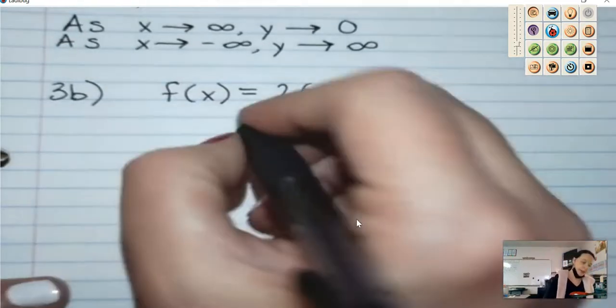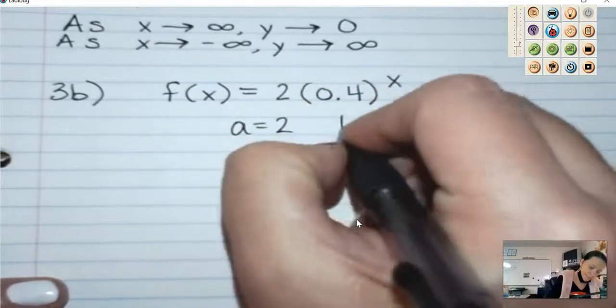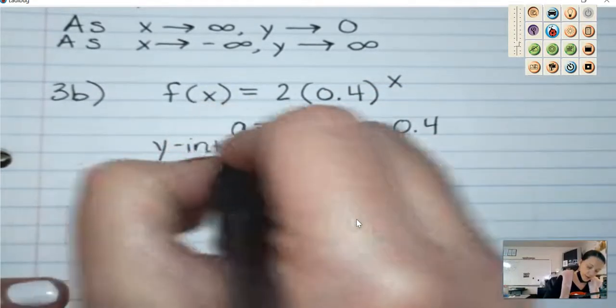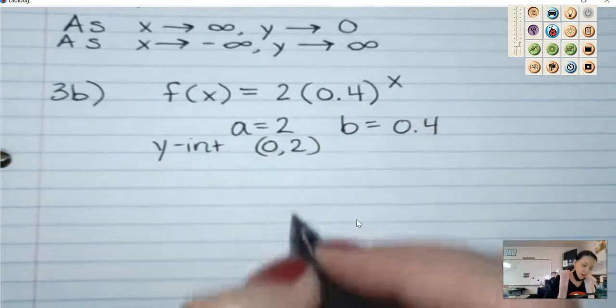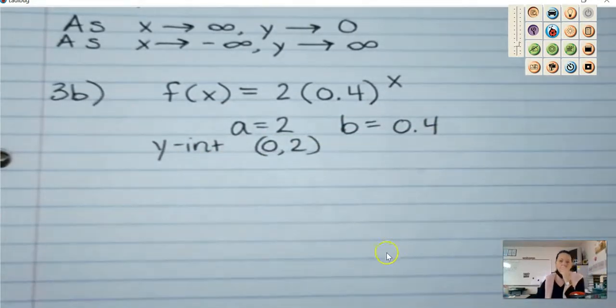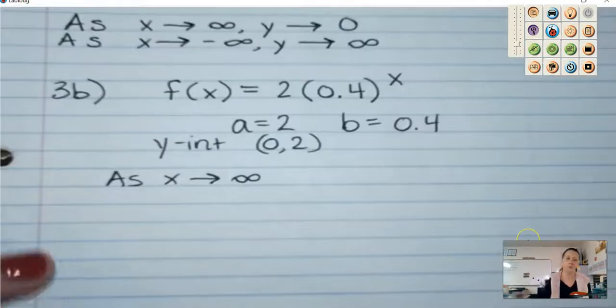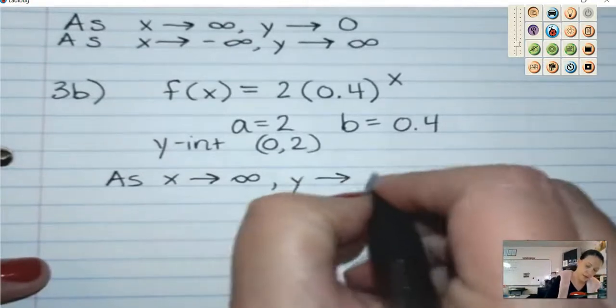Okay, so a is 2, b is 0.4, the y-intercept is 0, 2. The graph looks like this. As x approaches infinity, so as the x gets bigger, where's my cursor? There it is. The y values are getting closer to 0. The y is approaching 0.